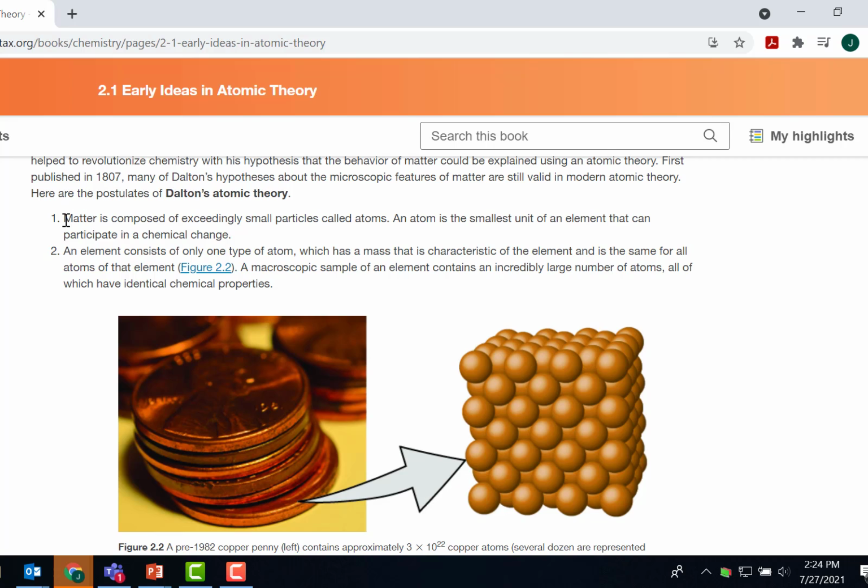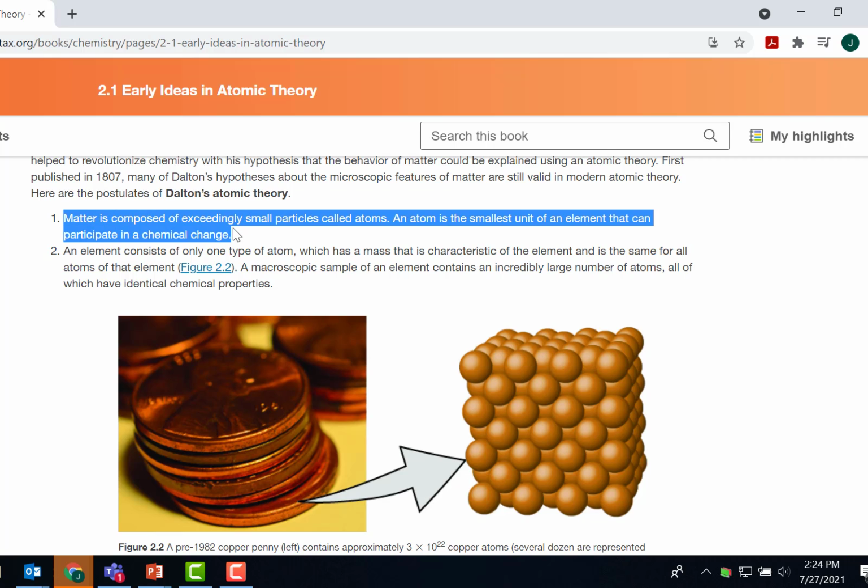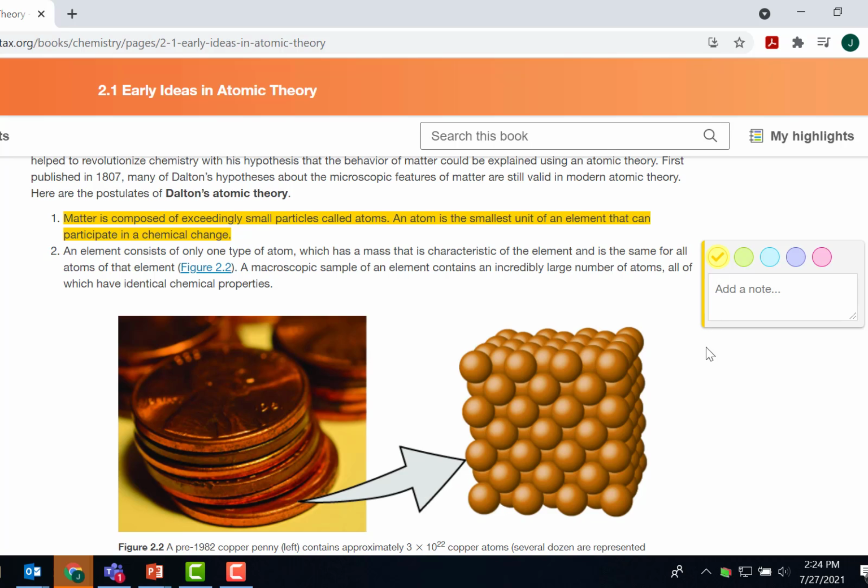So the first one: matter is composed of exceedingly small particles called atoms. An atom is the smallest unit of an element that can participate in a chemical change. Okay, so we've kind of introduced that idea already in the first module, that things are made of atoms.